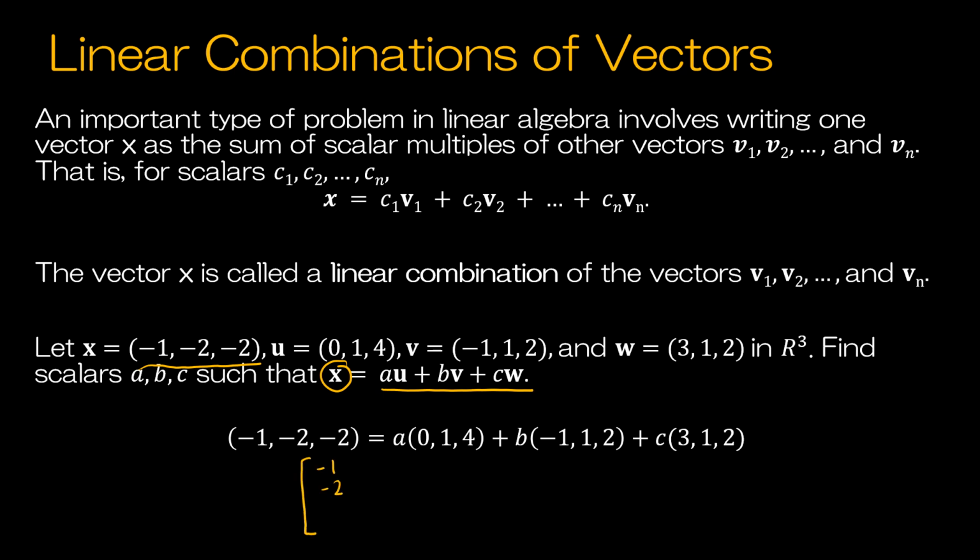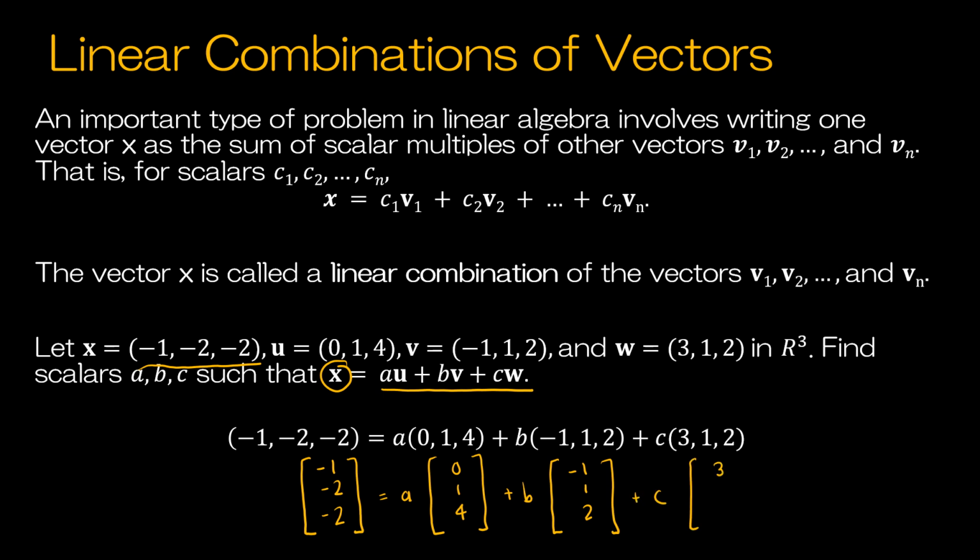Your textbook always writes these horizontally or as an ordered triple, but it might be easier to think of these as column vectors because of how familiar we are with matrix operations, which will come into play in this section. So this is the exact same thing. So hopefully you can see where I'm going with this. But what we're saying is we want to be able to write x as a linear combination. So we're trying to solve for a, b, and c, or you might see it as c1, c2, c3, and so forth.